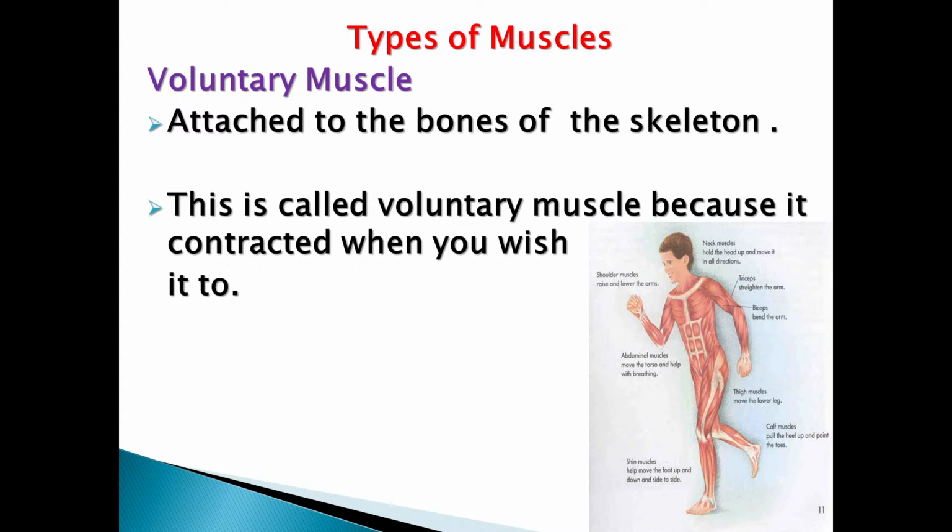It is called voluntary muscle because it contracts when you wish it to. If somebody asks you to write some notes, the muscles of your arms don't work automatically; they work based on the decision that you make. If you decide to write the notes, then you write the notes. That's an example of voluntary muscles at work.